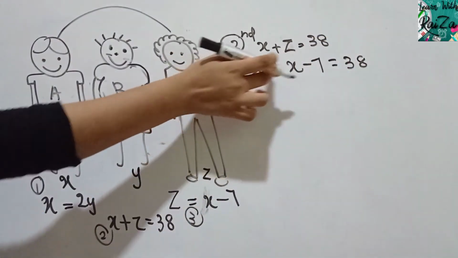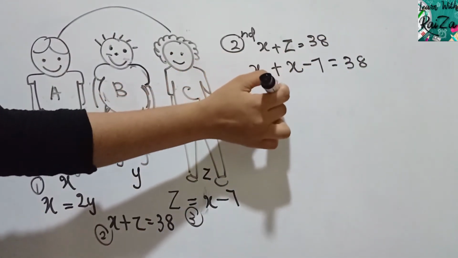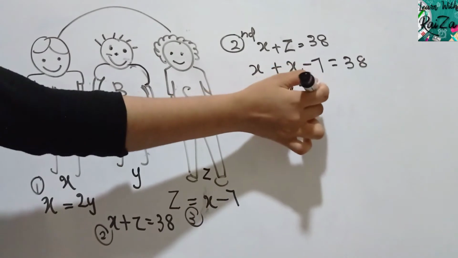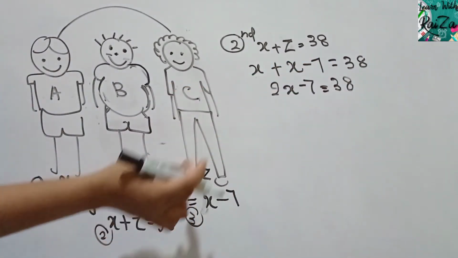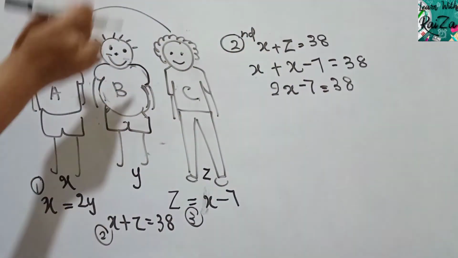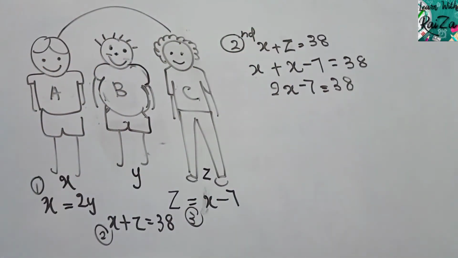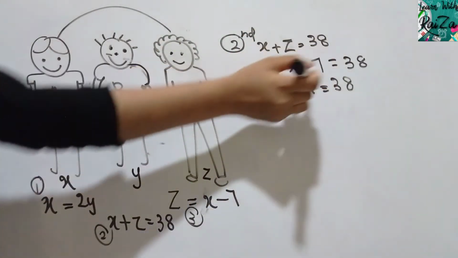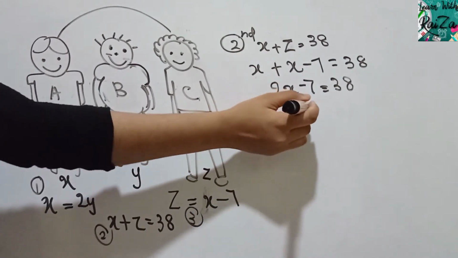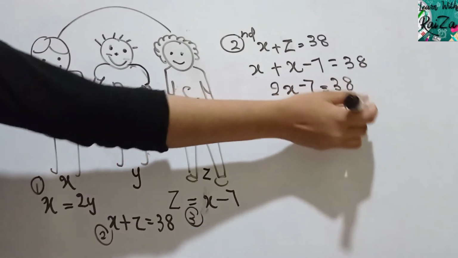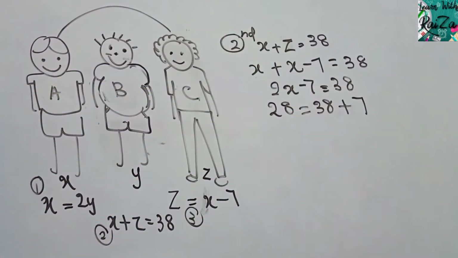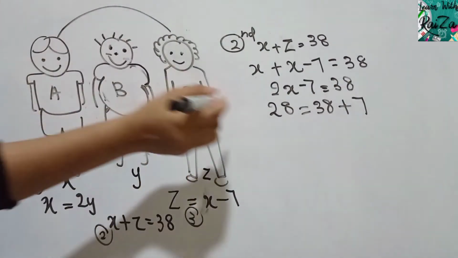Now can you see like terms? X plus X is 2X. 2X minus 7 is equal to 38. Then I can take this minus 7 to the other side. What will be the answer? 38 plus 7 is 45.